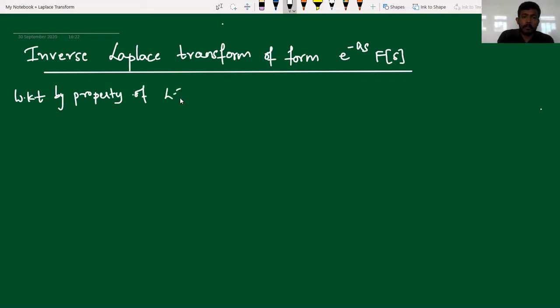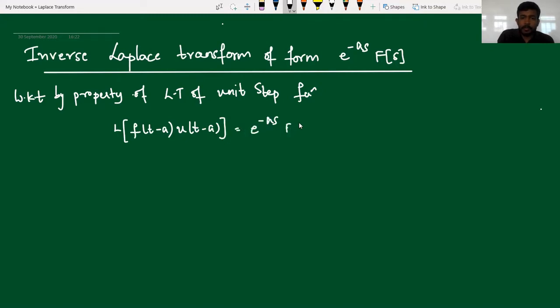We know by the property of the Laplace transform of the unit step function that we have a result: the Laplace transformation of f of t minus a into u of t minus a is equal to e to the power of minus as into capital F of s, where this capital F of s is the Laplace transformed function of the function small f of t. So we will make use of this result.